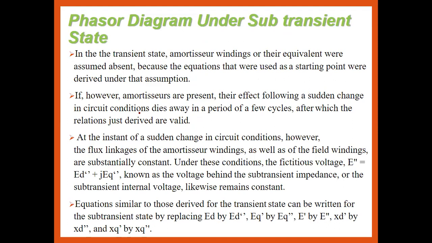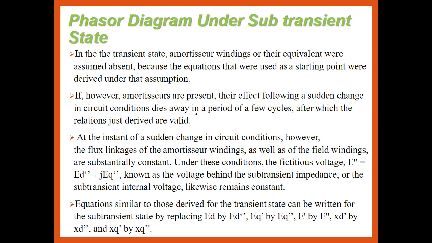Only the parameters that are dependent, the duration and the reactance under the short circuit, should be different as compared to the steady state. However, the armature should be present. Their effect should be the following: the sudden change in the circuit condition that lies under the period of the first quarter cycle.